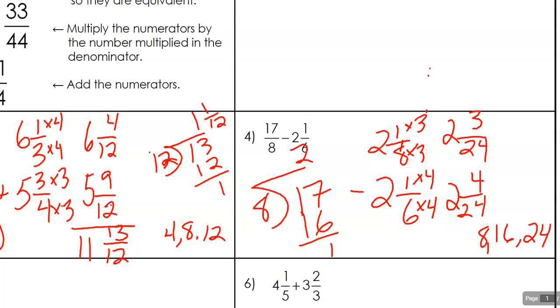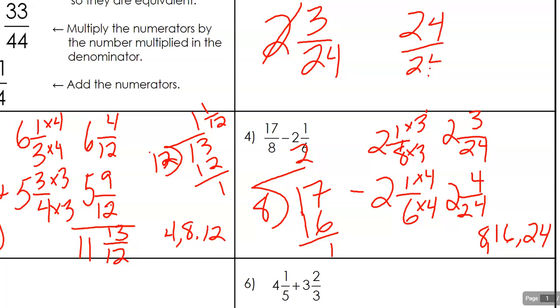Okay. So I am going to put this here, 2 and 3/24. Essentially what I'm doing is I'm going to take 1, a whole number 1, away from the 2. And the whole 1 that I'm going to take, I'm actually going to make it into a fraction. And I'm going to say 24 over 24. 24 over 24 is a whole.